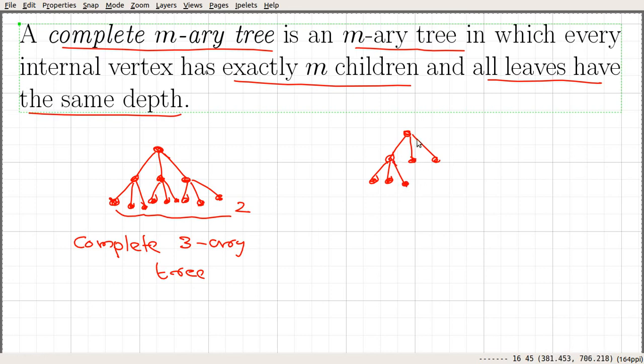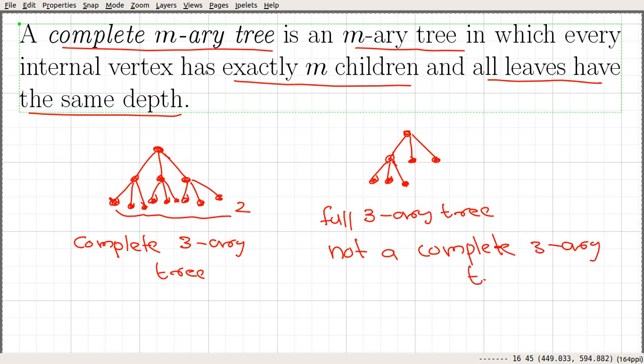If you look into this particular tree, this is a 3-ary tree. Not only that, this is a full 3-ary tree, but it is not a complete 3-ary tree.